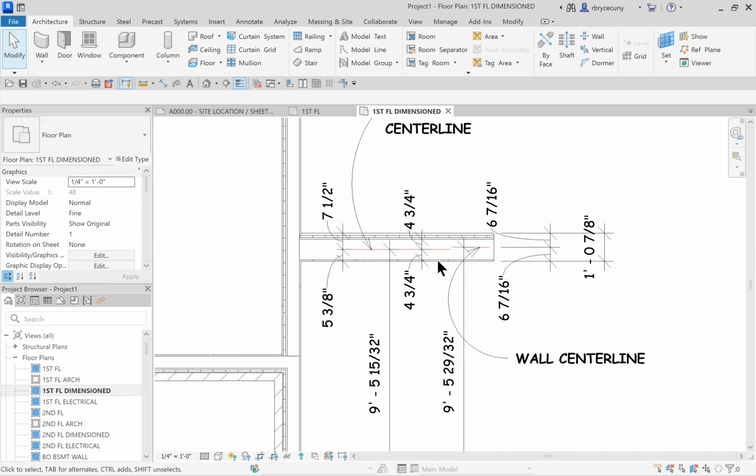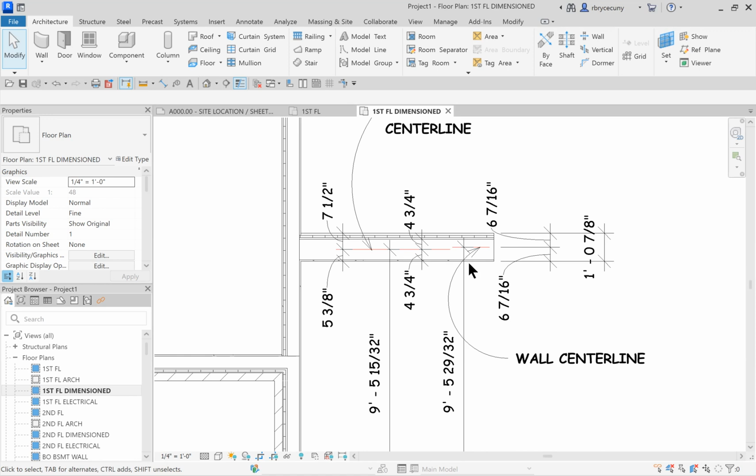So I see some architects dimension to the center of the wall, and let's see how that helps the carpenter lay out his studs or her studs. This would be the center line of the wall. So we have equality here, 6 foot 6 7/16 inches on both sides. So that's the center of the wall.